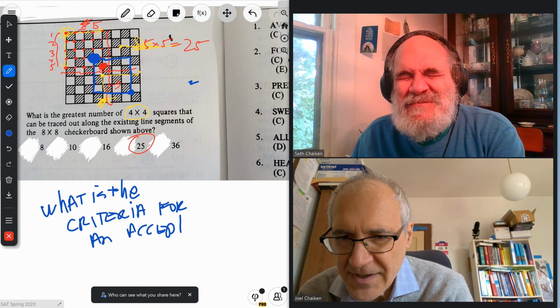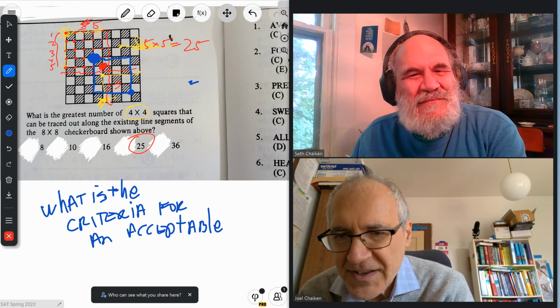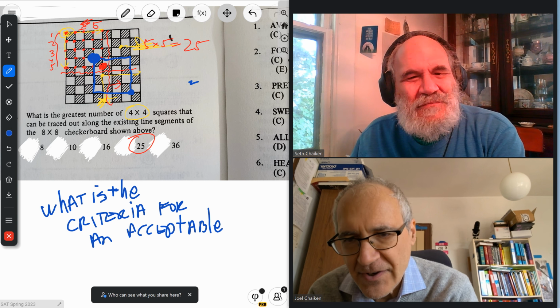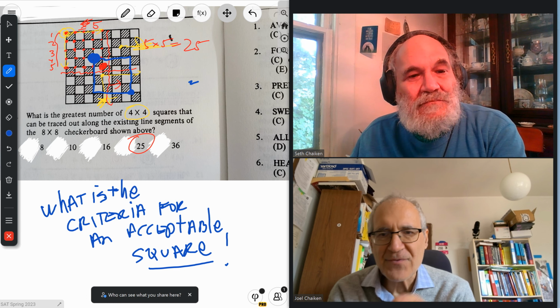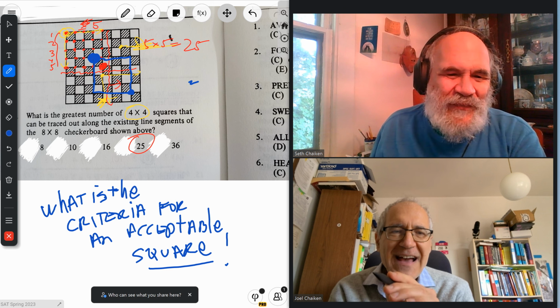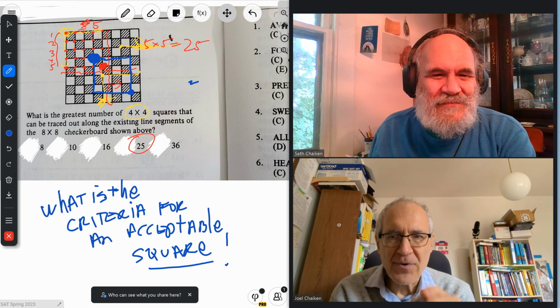So, Seth, you probably can't see me writing. No. But I'm writing that once you do that, you have to ask yourself, what is the criteria for an acceptable square? And that's the key. That's where Seth came through. The criteria for an acceptable square is its upper left corner has to allow enough space to go 4 across and 4 down.